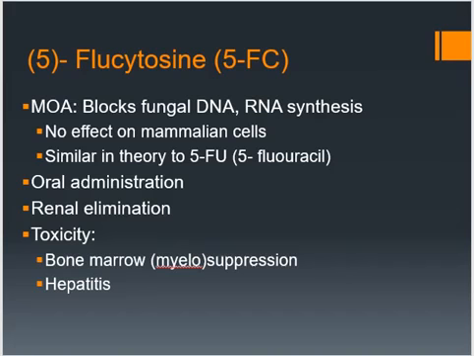So the mechanism there is very similar. This particular drug only blocks fungal DNA. That's why it's in this particular lecture. We see oral administration with renal elimination, and the main toxicity of note is bone marrow toxicity that results in myelosuppression, and a very rare but still important drug-induced hepatitis.